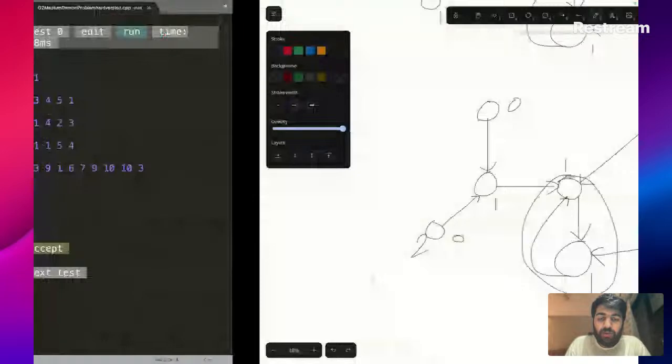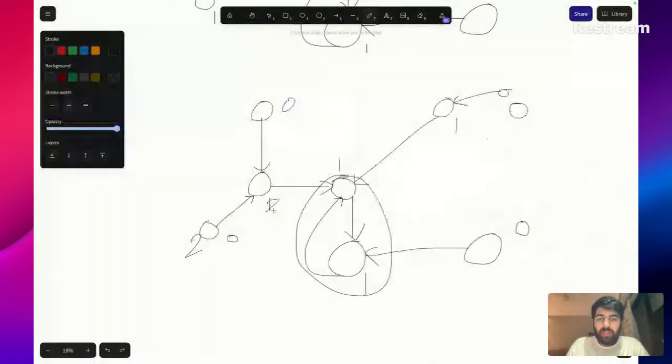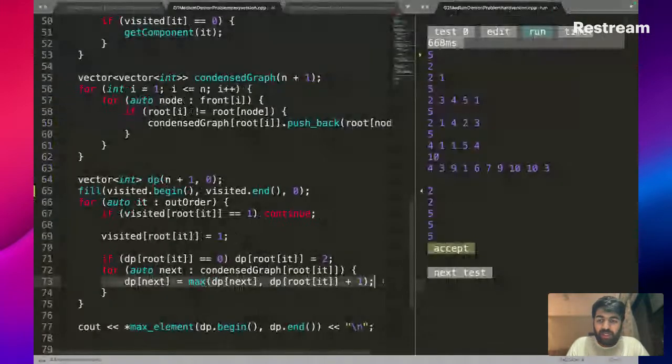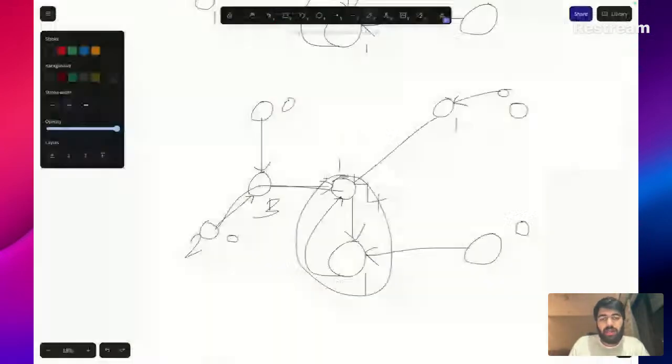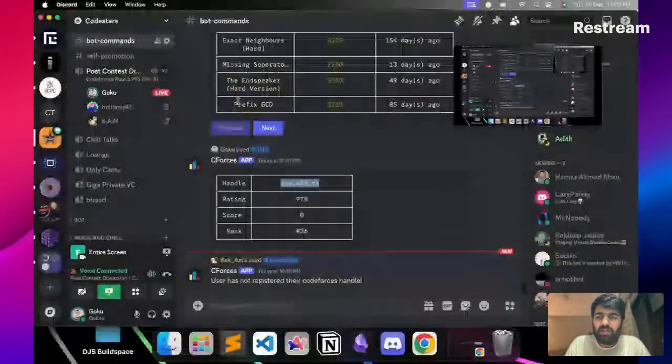So basically, if this is a 2, the answer will be 3 and 4 until here. So like 3 chains and one more for the extra, right? So that's what I'm doing over here, nothing much. And we have to get out the max element. That's it. Any doubts on G1?